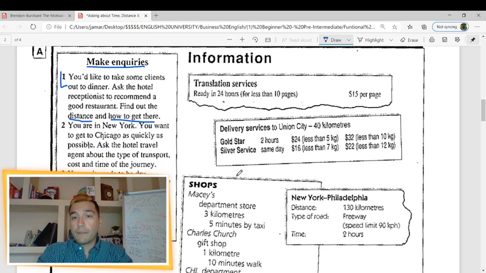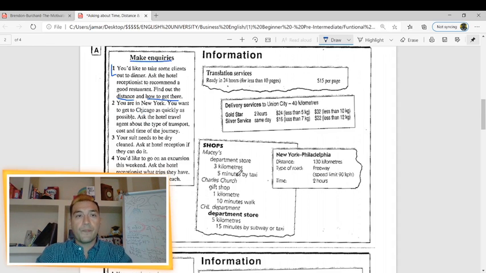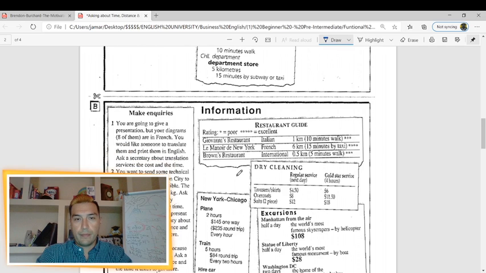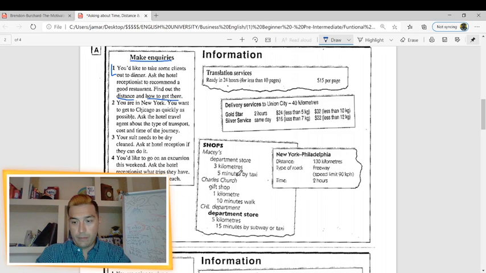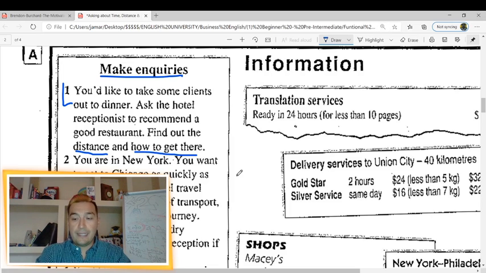Good? All right, so what is the question about? About a restaurant. Yes, we need a restaurant first. Excellent. Ask the hotel to recommend a good restaurant. Okay, so now you're going to be your client, and the client is asking you for a recommendation for a good restaurant.